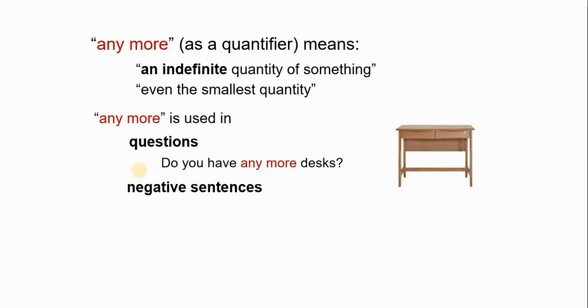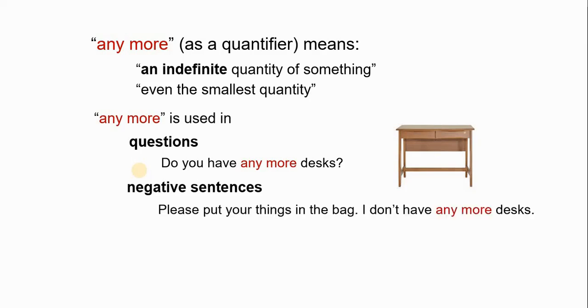Only for questions and negative sentences. So an example. Please put your things in the bag. I don't have any more desks. So here we can see the negative. I don't have any more desks.